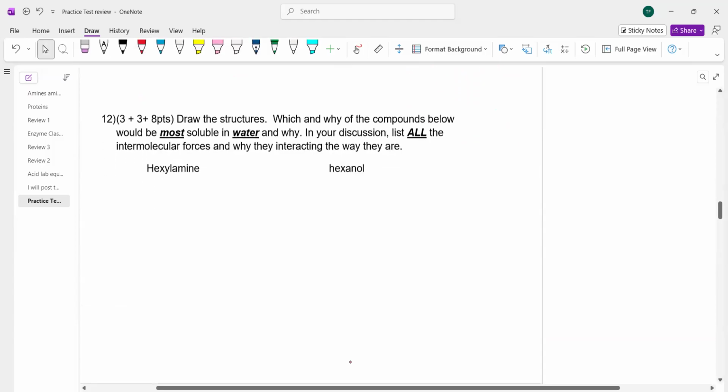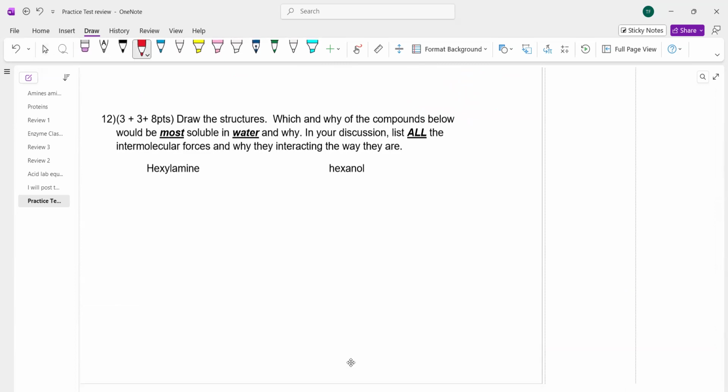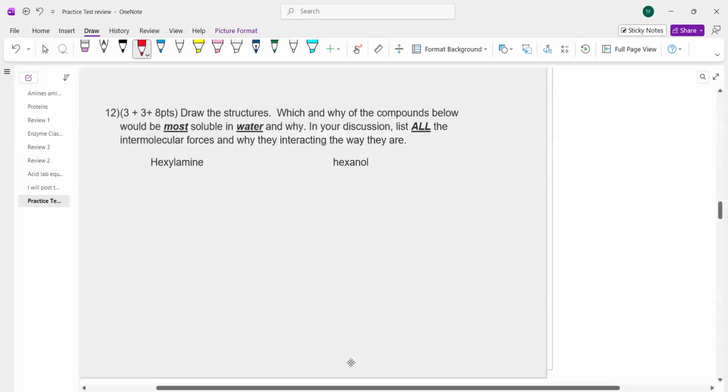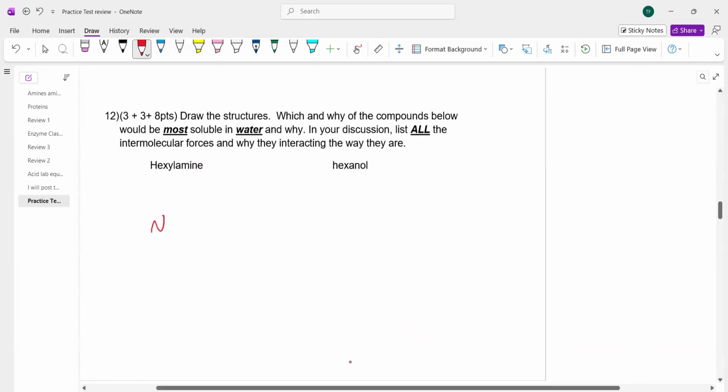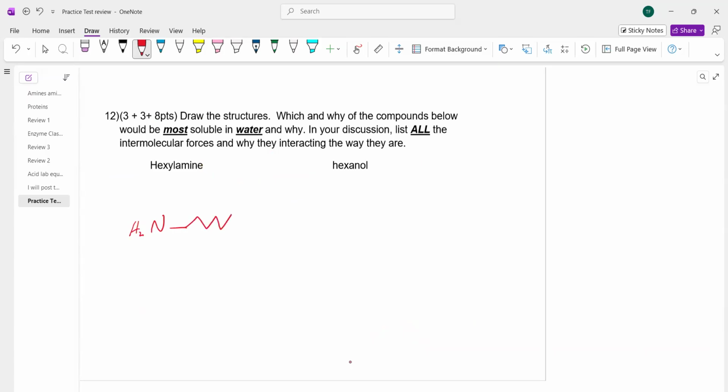Okay, so draw these two structures. Okay, so this has got LDF, both of them. This has H bonding with the nitrogen.